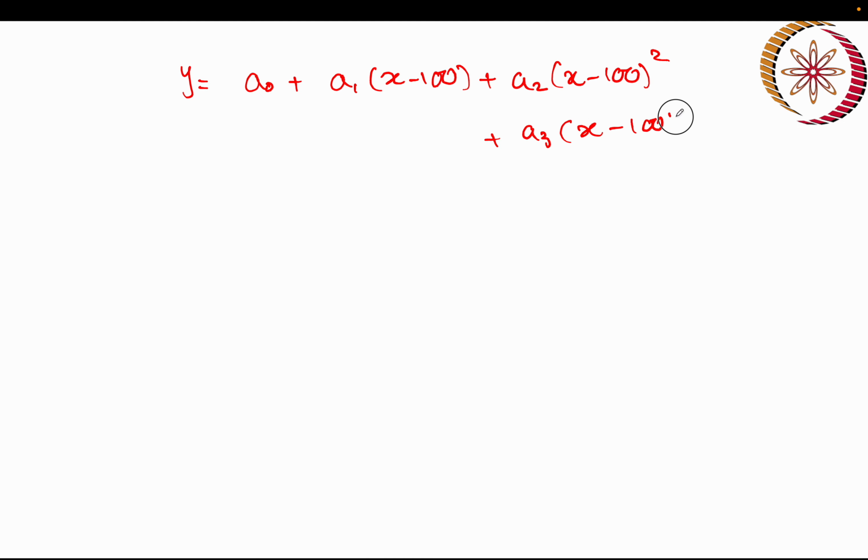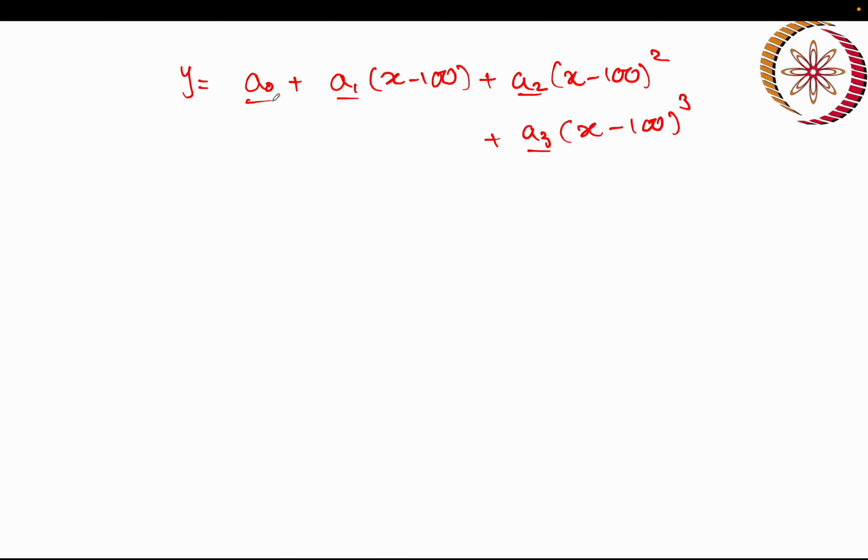If we approximate this y with the polynomial, we can start with a0 plus a1 (x minus 100) plus a2 (x minus 100) square plus a3 (x minus 100) cube. So this polynomial has these constants.